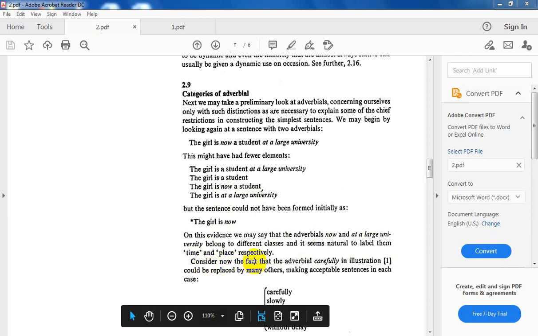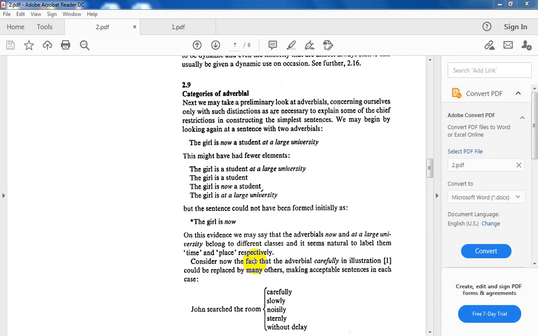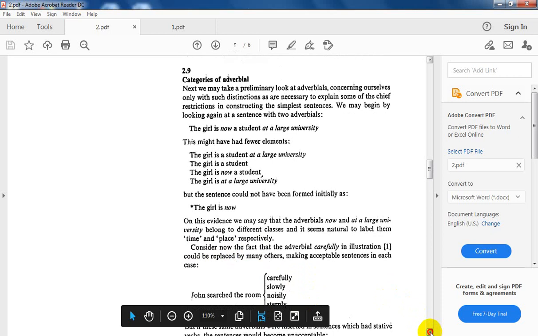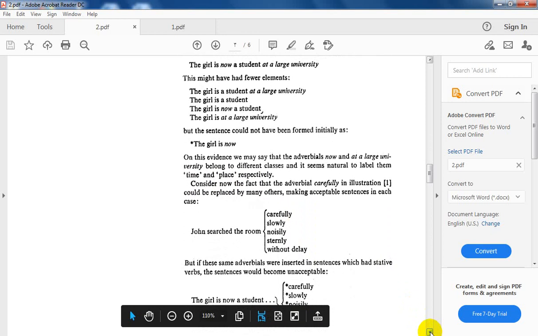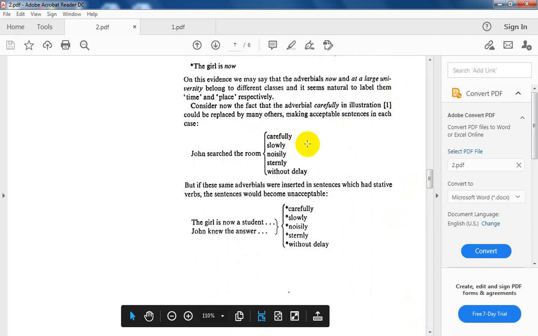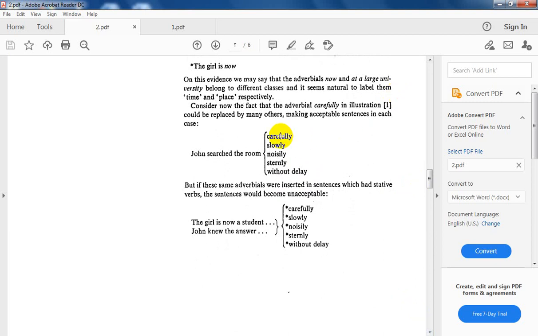Generally speaking, we know the time adverbial and the place adverbial, and we have the process, which is the manner adverbial. Let us return to our sentence: John searched the room carefully, which has the ly adverbial, the process or manner. Why process? Why manner? Because it describes how the verb is done, how the verb happens in the sentence.